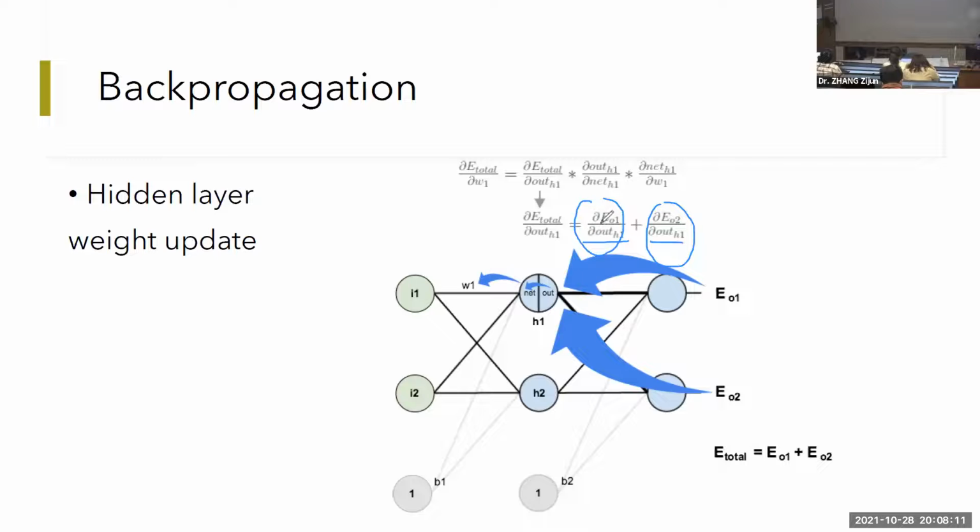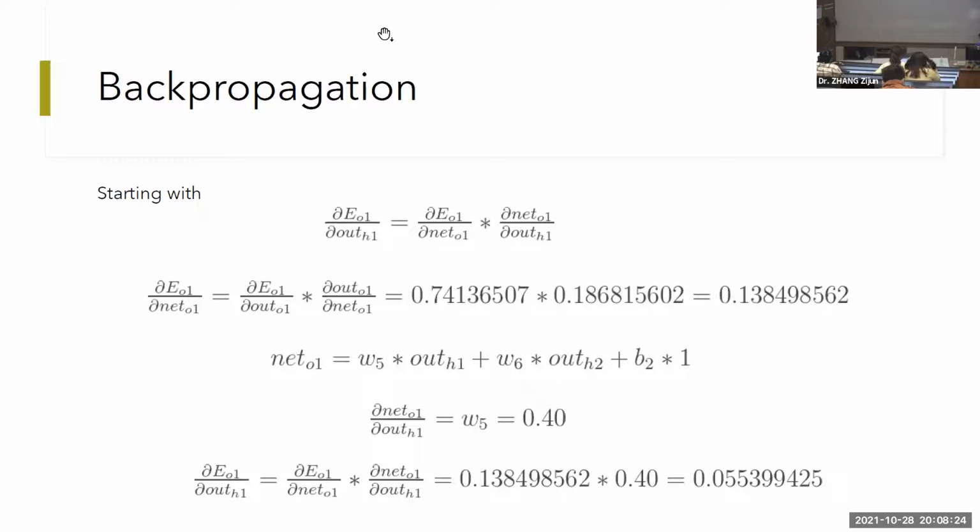So take the derivative of the loss at output node 1 against the output of hidden node 1. It cannot be done directly for the same reason. We need to further apply the chain rule as this one. This one is calculable. This one is computable. So for every one of these, it needs 2 steps of calculation.